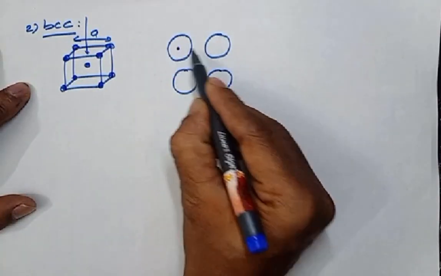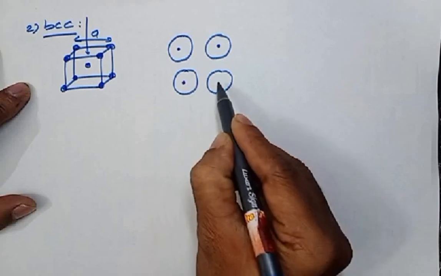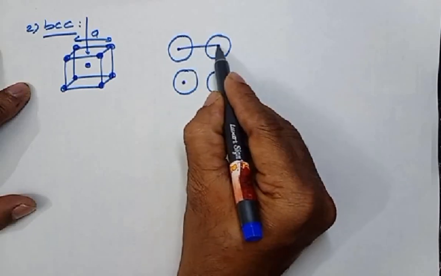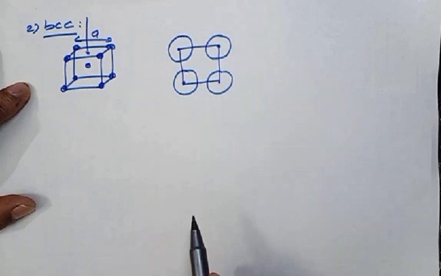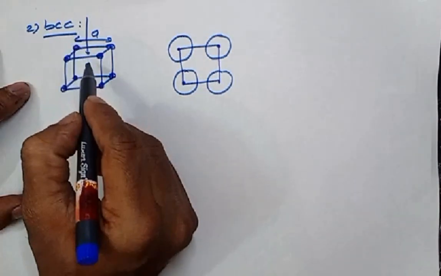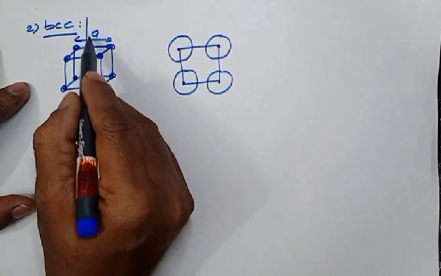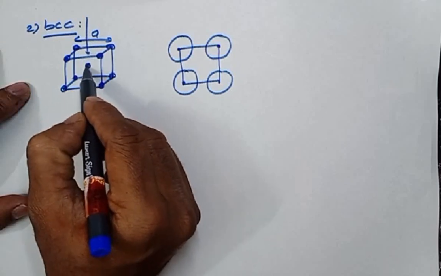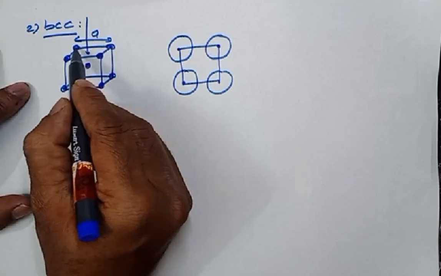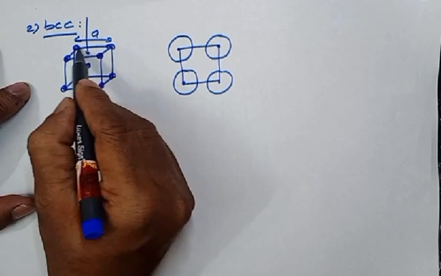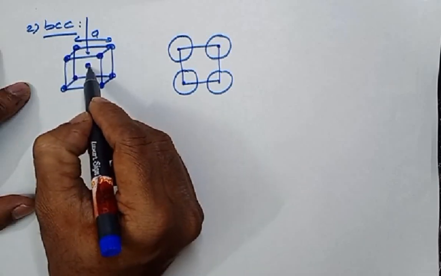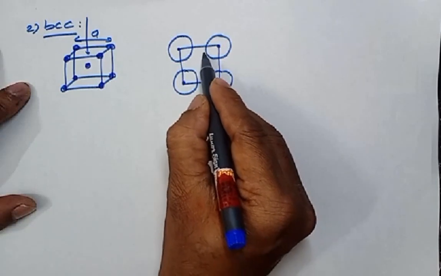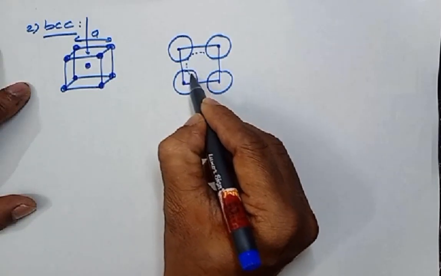If you join the centers of these atoms, you will get a perfect square shape. And we have an atom inside. If you view from the top, we have an atom inside. That atom is present just below these 4. Let me show it in dotted lines.